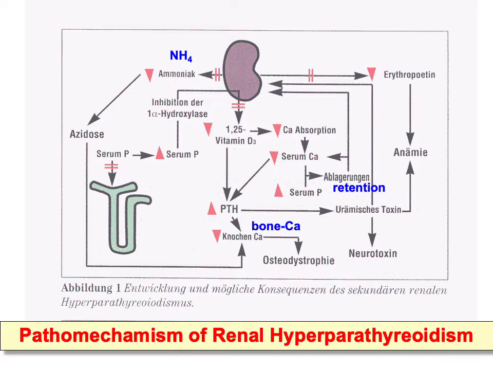The high parathormone will dissolve the bone calcium, together with the acidosis present, because the kidneys are not able to eliminate the ammonia NH3 in form of ammonium cation. This is acidosis, and acidosis itself will cause osteodystrophy.